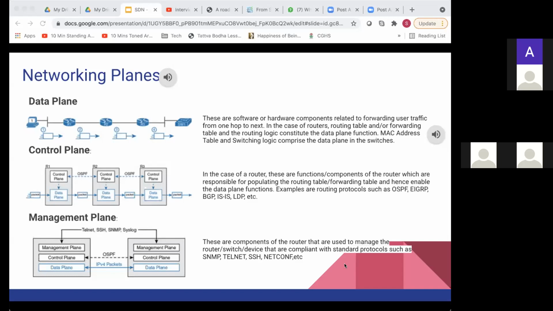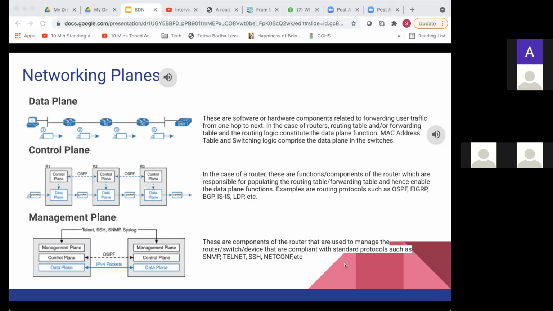So each control plane protocol offers a different function within the control plane. Depending on what is needed, a network administrator can configure a specific set of protocols on his network when he's designing a network. So that's what it means. Is that clear? Okay, fine.